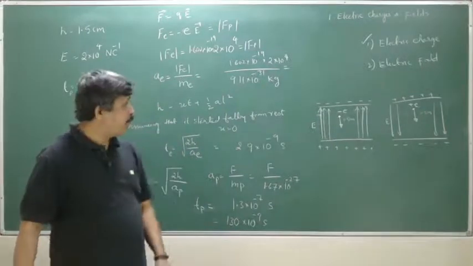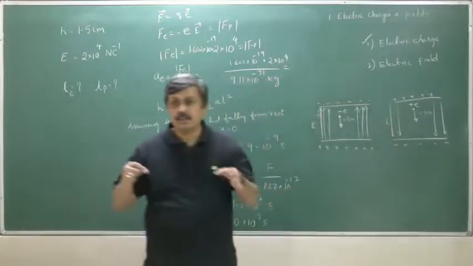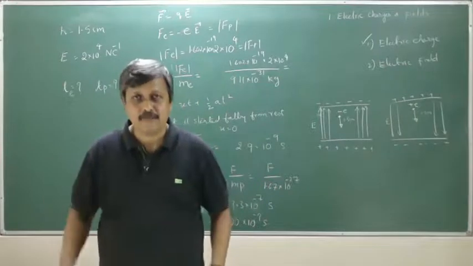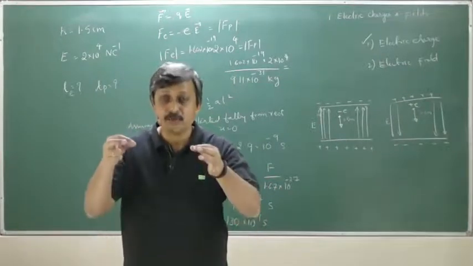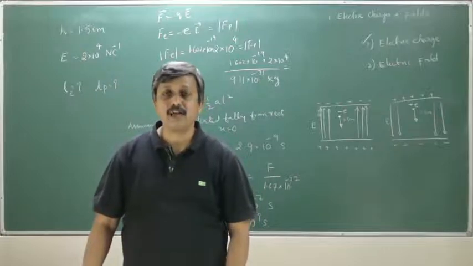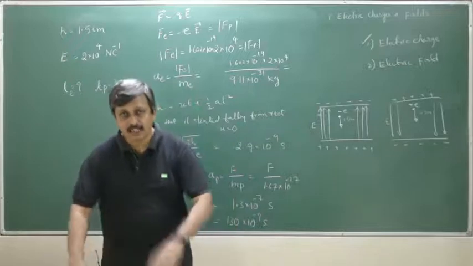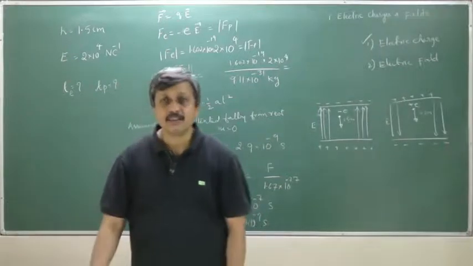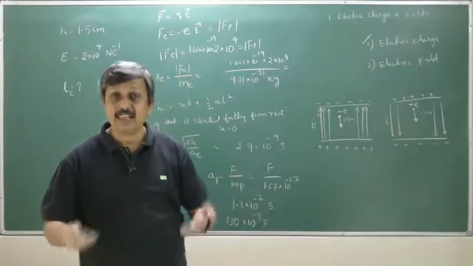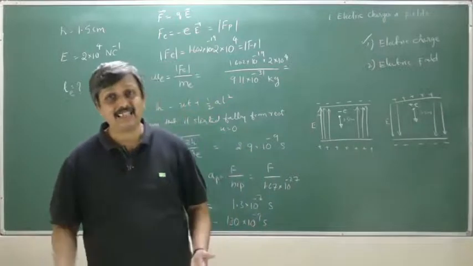So if I drop a proton and an electron together in, let us say, a gravitational force field, what will happen? They are supposed to go together with exactly the same acceleration, and they will travel the same distance, because gravitational force is caused by the masses, and the accelerations are proportional to the inverse of the masses, so the masses get cancelled there.